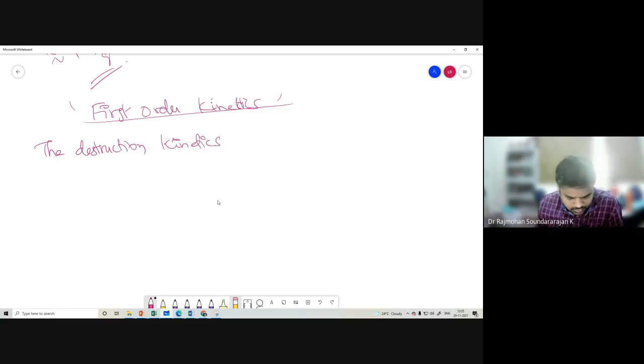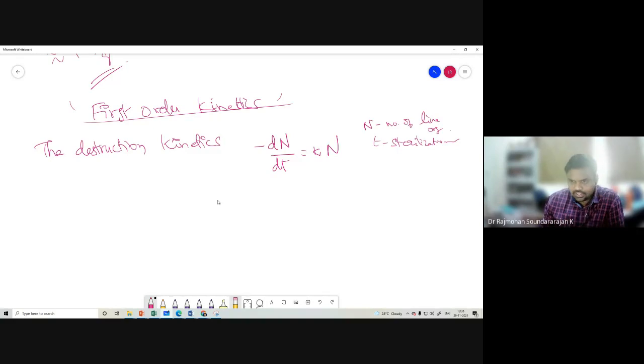It can be written as minus dN by dt is equal to some rate constant k into N, where N is the number of live organisms, t is the sterilization time period, and k is the first order thermal death kinetics rate constant. Again, it's like the reaction rate constant only.